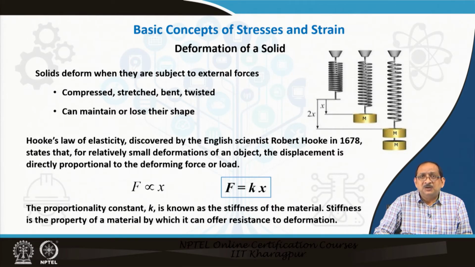The proportionality constant k is known as the stiffness of the material. The stiffness is a property of a material by which it can offer resistance to deformation.